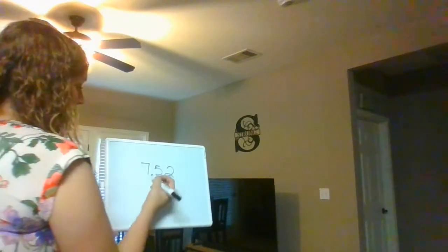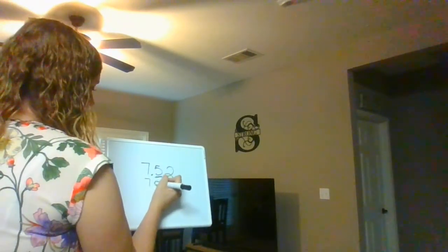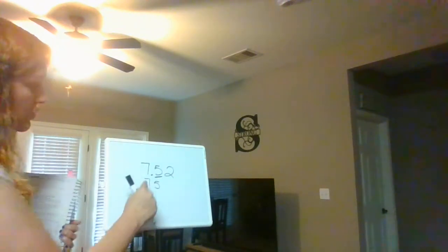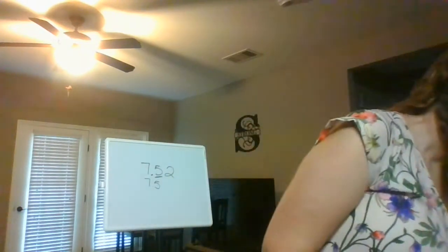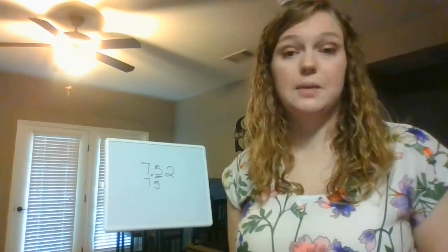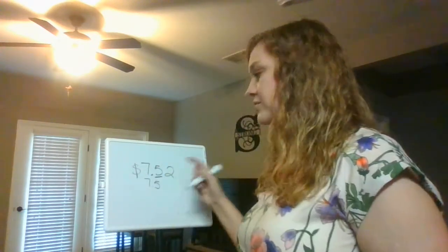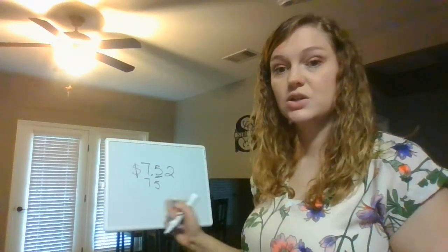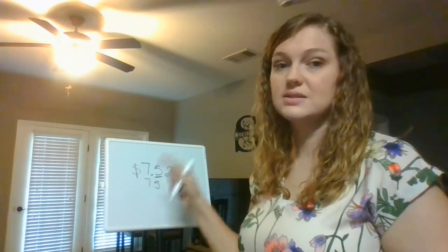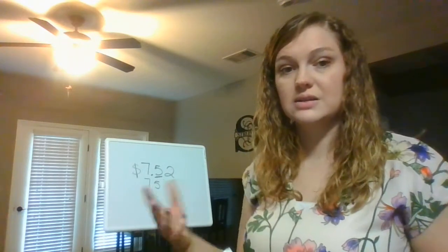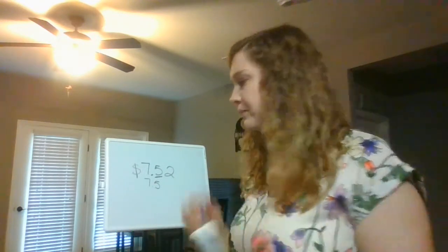So we're rounding down to 7.5. If we were rounding up, it would be 7.6, but we're rounding down to 7.5. And you could even think of it like money, if that helps you. $7.52 is closer to $7.50 than it is to $7.60. So if that helps you think of it as money, that's great.